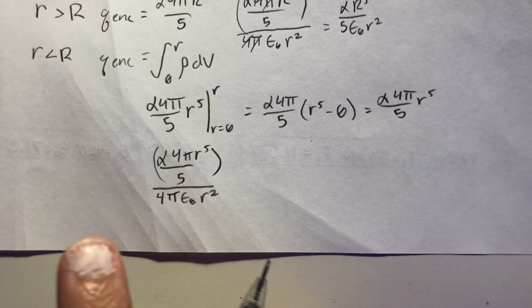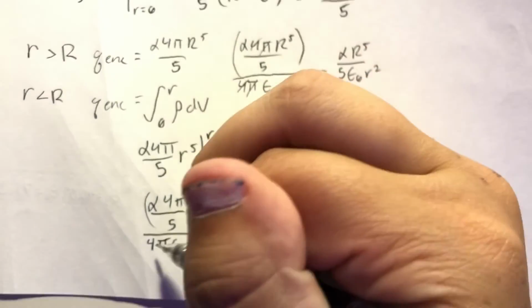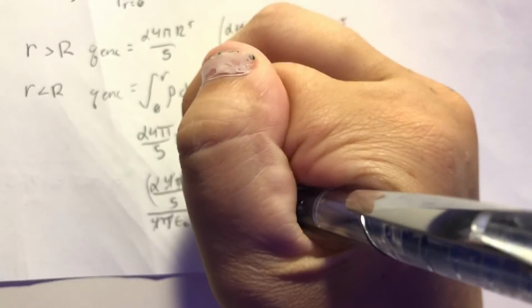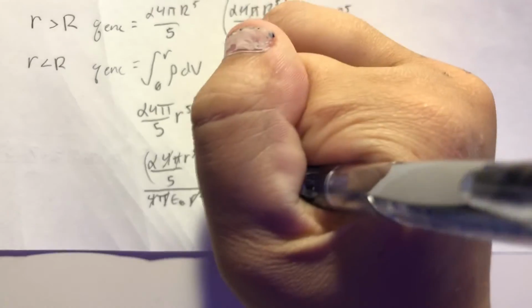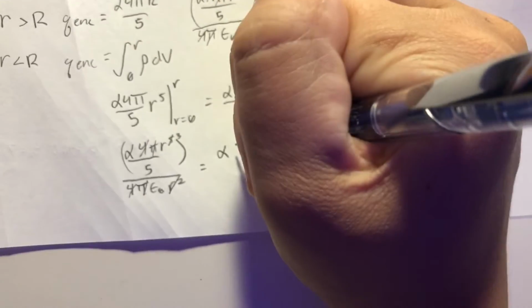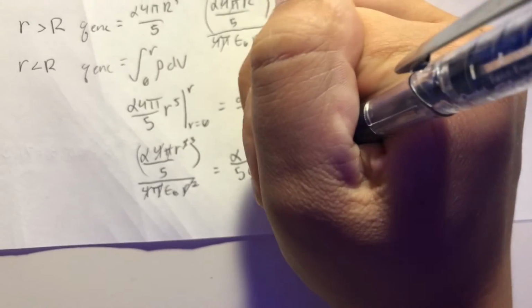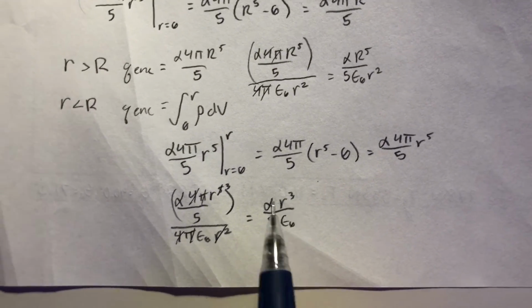And for this one, our 4 pi, again, is going to cancel top and bottom. And we're also going to be able to cancel out some of this r squared, so it's going to end up being r to the 3rd. So that's going to end up being alpha r to the 3rd over 5 epsilon naught. And that's going to be our electric field.